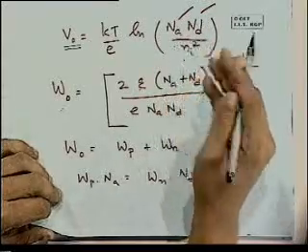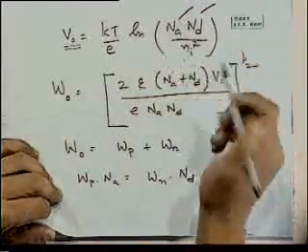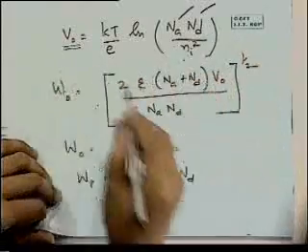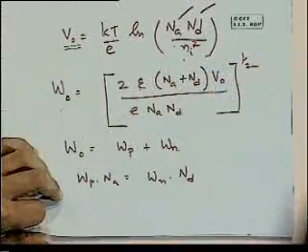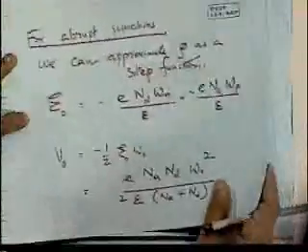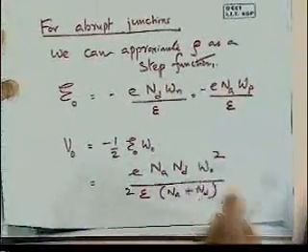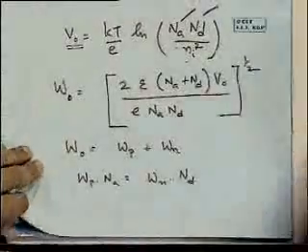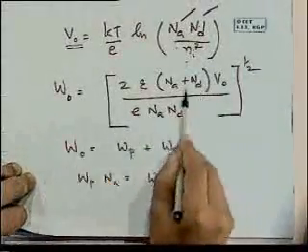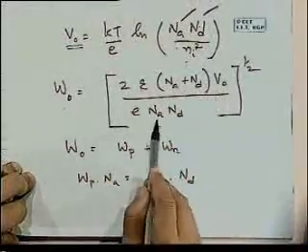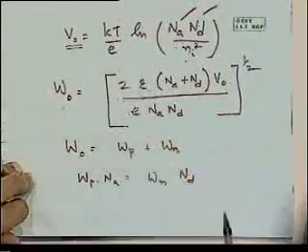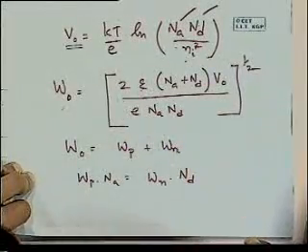This is fixed for a particular material, so we can use this to calculate V0. Once we know V0, we can go back to the equation relating V0 to W0 and derive W0 in terms of Na, Nd, V0 and the permittivity of the semiconductor.